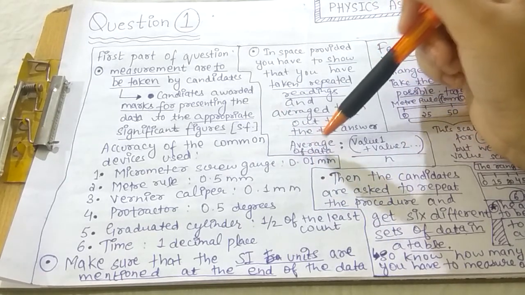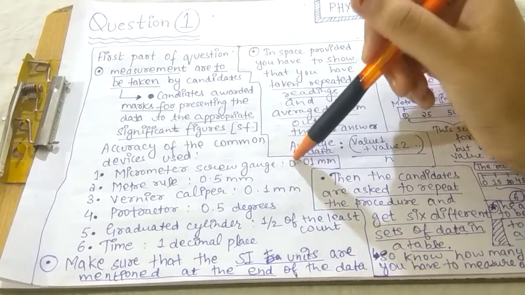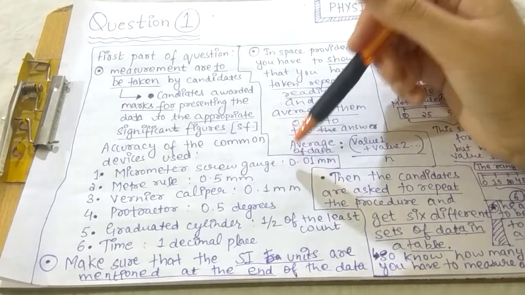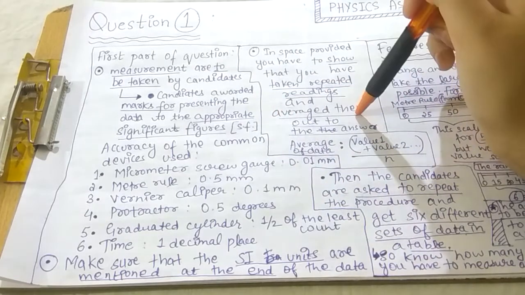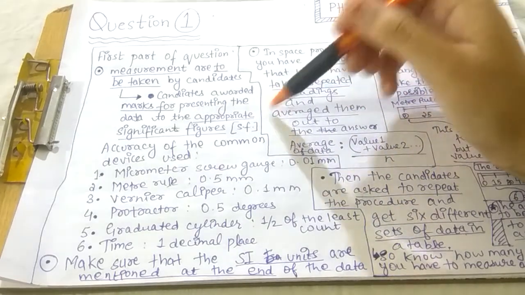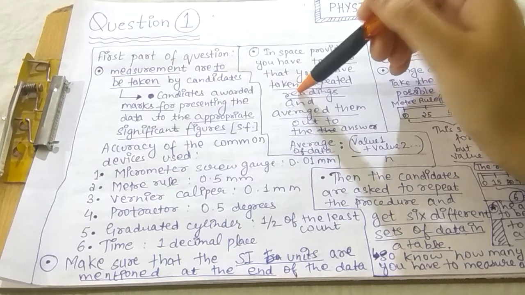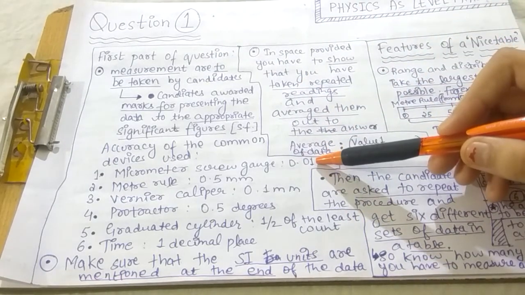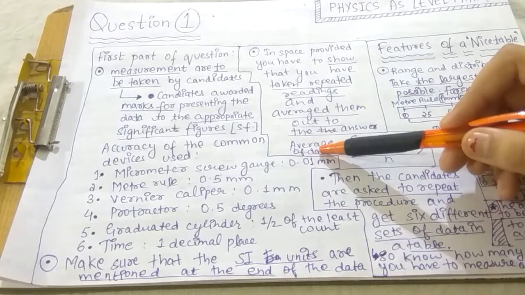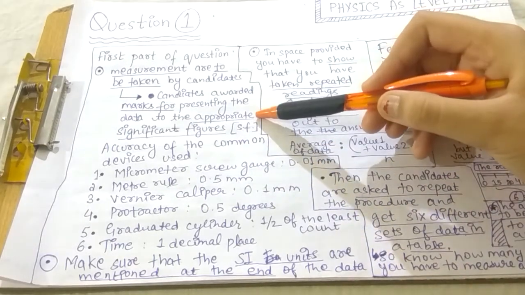For example, 1.08 is 3 significant figures. 0.18 is 2 significant figures. And 0.01 is 1 significant figure.